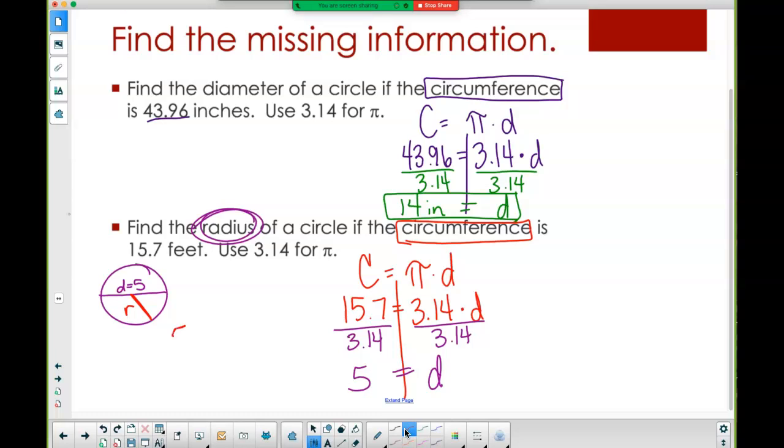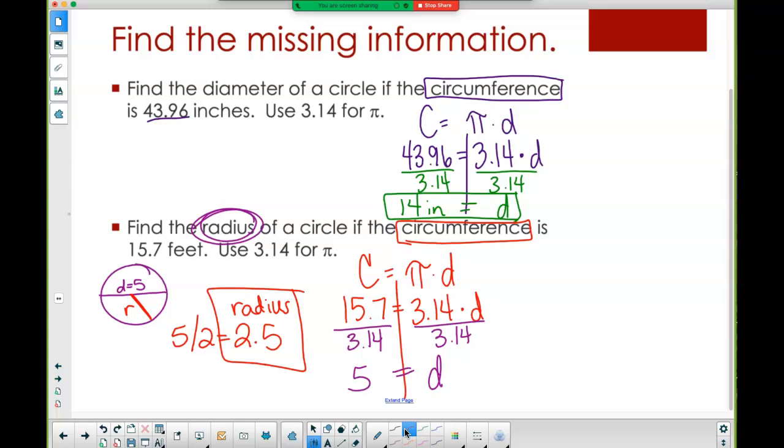Yeah, we have to do 5 divided by 2. So the radius is 2.5. So you do have to be careful. What are they asking you for, the radius or the diameter? If they would have said, what's the diameter, we would have been down here. Because this one asked for radius, we had to go one more step.